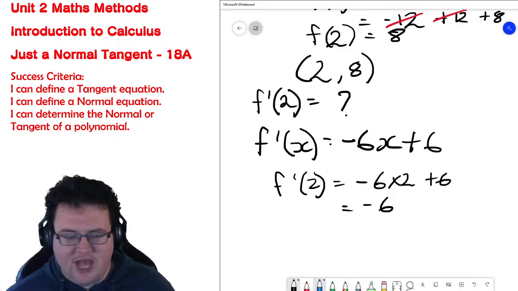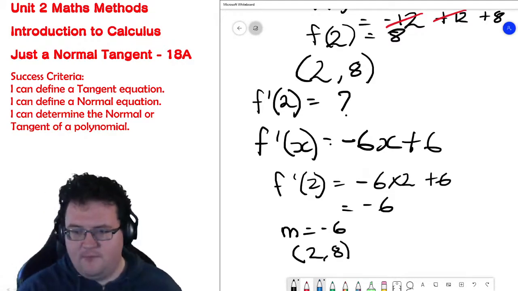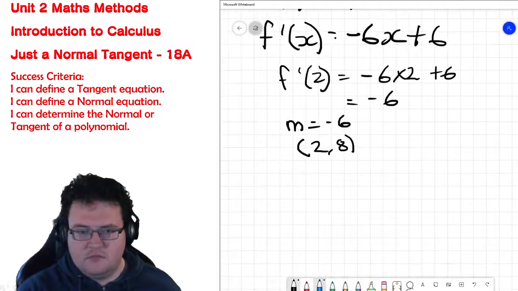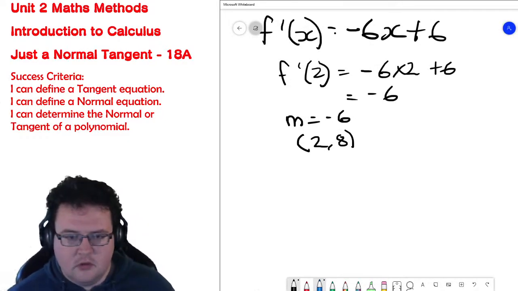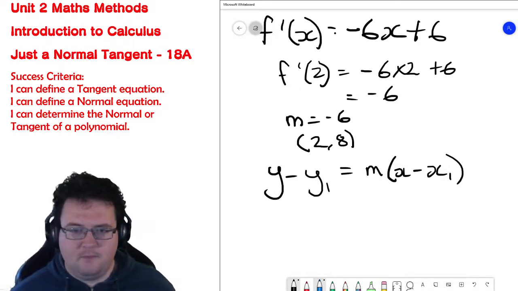So that means we have a line where m is going to be equal to minus 6, and it passes through 2, 8. Get out our equation: y minus y1 equals m(x minus x1).